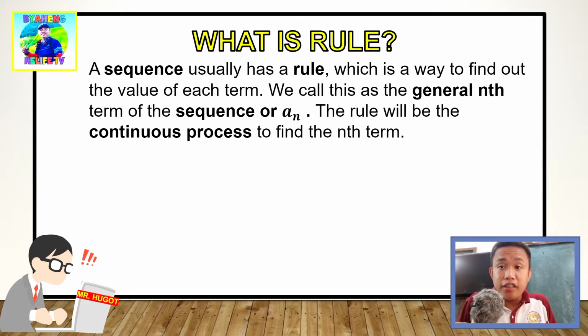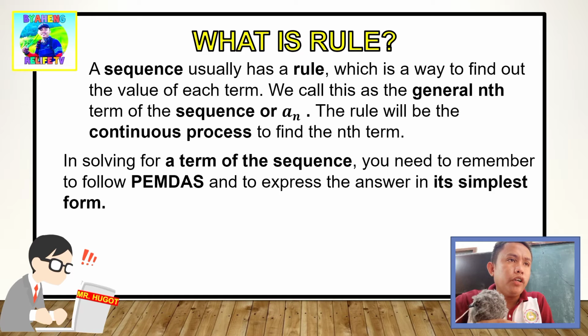Ang rule ang magbibigay sa atin ng value ng mga terms na gagamitin natin. We can call the general nth term for the sequence a sub n. Ibig sabihin, yung n ay siya yung magiging position ng given term natin sa ating sequence. So the rule will be the continuous process on how we're going to find the nth term.